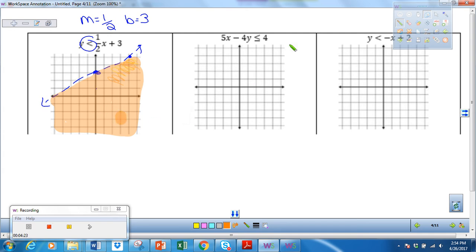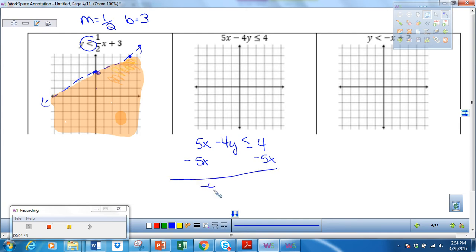Okay. All right, let's look at the second one. Now in this one we have to solve for y. So what we want to remember is that we want y by itself, so we have to move the 5x. So I subtract 5x from both sides. I get negative 4y is less than or equal to negative 5x plus 4. I can't add those together because they're not like terms.